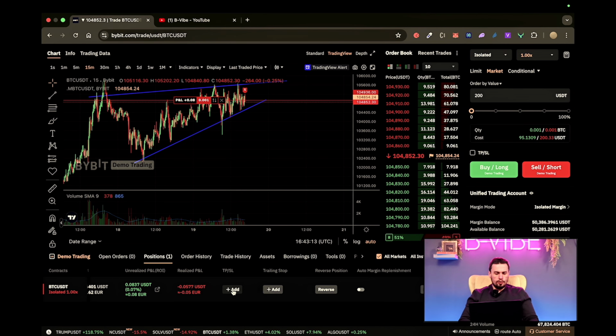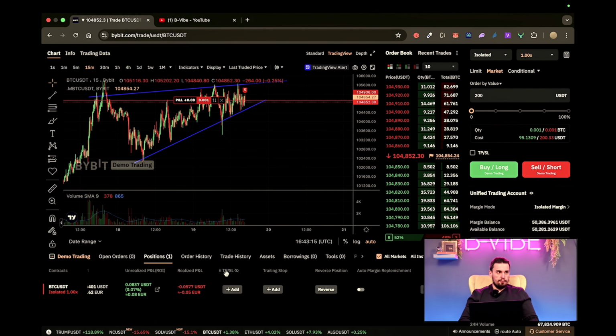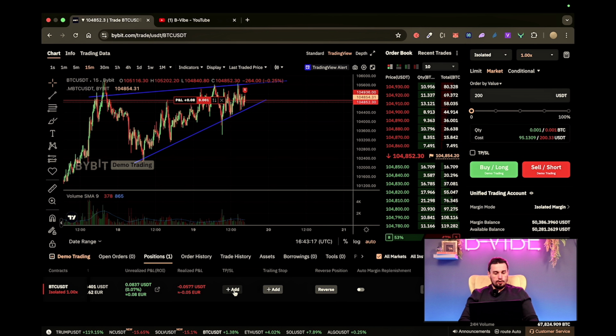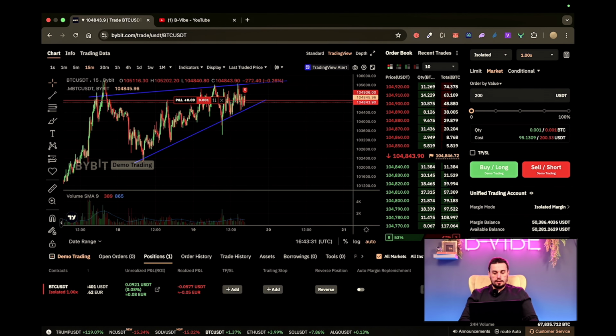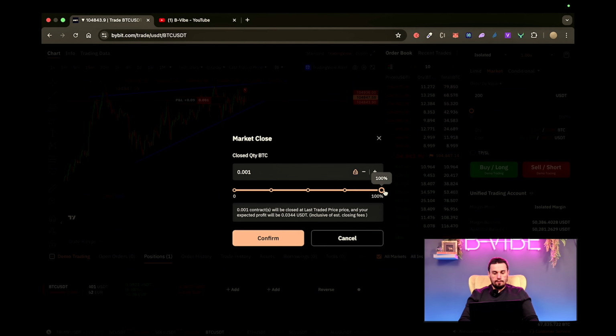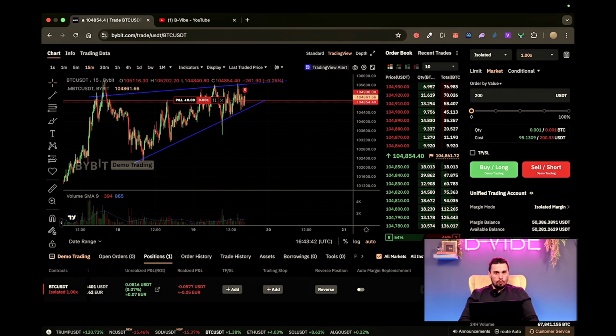Also, if you want to enter take profit and stop loss, you can enter it here. And you can see that you have the possibility to close this order by a limit or a market order. If you want to close it immediately with this unrealized profit, you will select close by market order. And you can close your entire position, 100%, or only some percentage of your position, or close it when the price goes to a specific level.